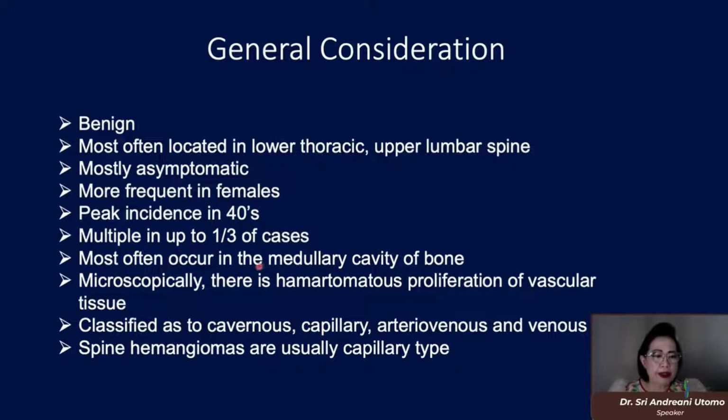Most often it occurs in the medullary cavity of bone, and microscopically there is hamartomatous proliferation of vascular tissue. It can be classified as cavernous, capillary, arteriovenous, and venous type. Spine hemangiomas are usually capillary type.